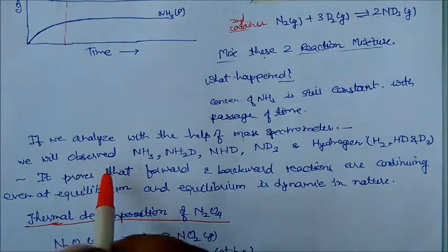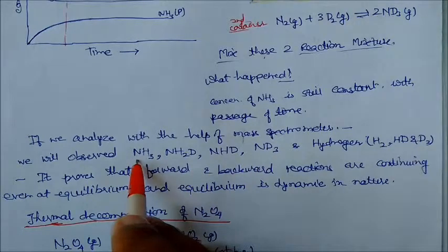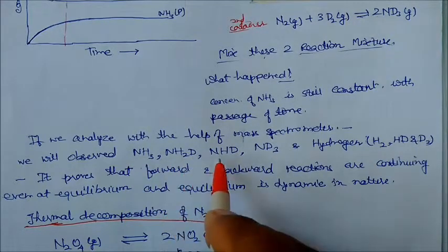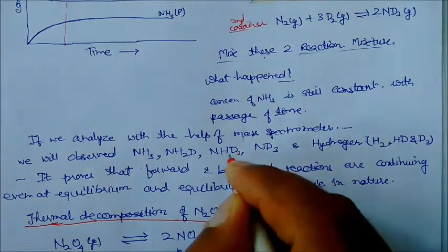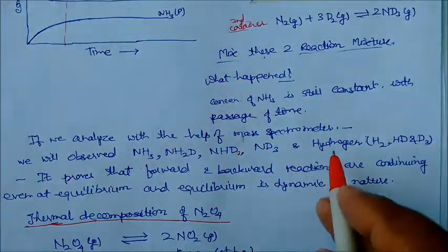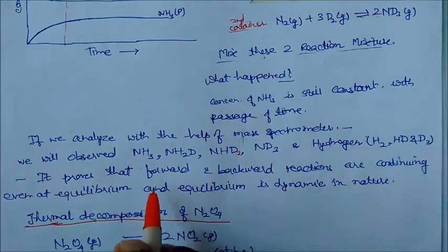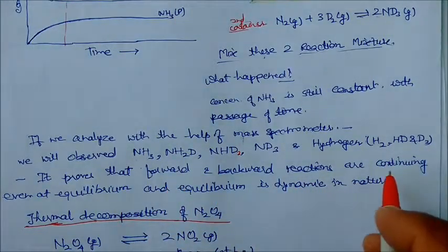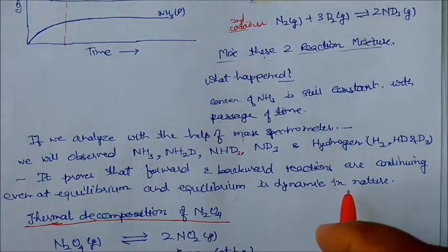In the reaction mixture, different types of gases were found: NH3, NH2D, NHD2 and ND3, and in terms of hydrogen there was H2, HD and D2. So it proves that forward and backward reactions continue even at equilibrium, and equilibrium is dynamic in nature.